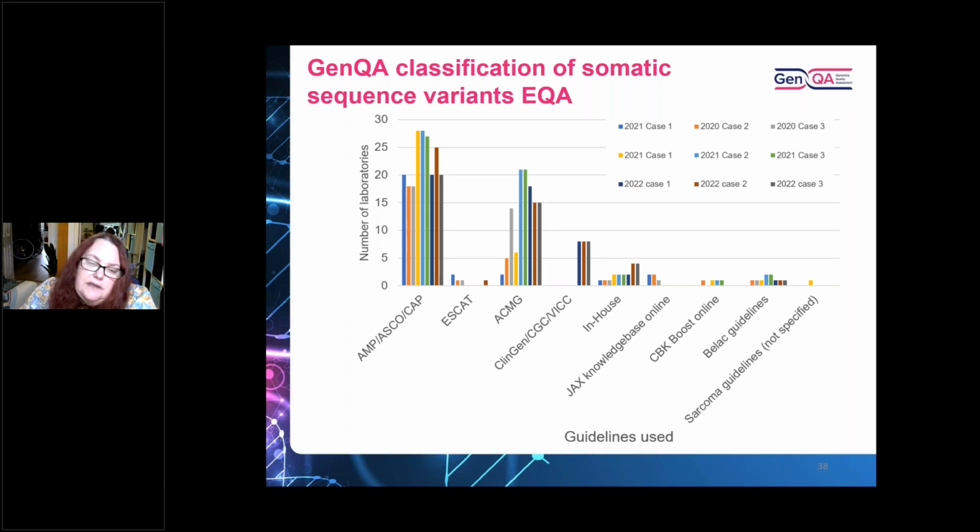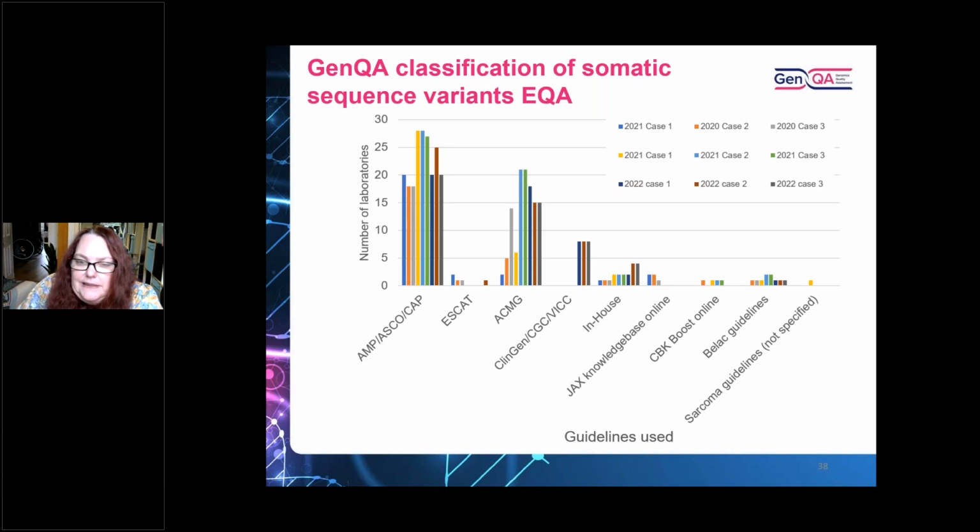ESCAT is a European Society for Medical Oncology version of the AMP-ASCO-CAP guidelines, and is fairly similar. And the guidelines that people use will depend on what the variant is.